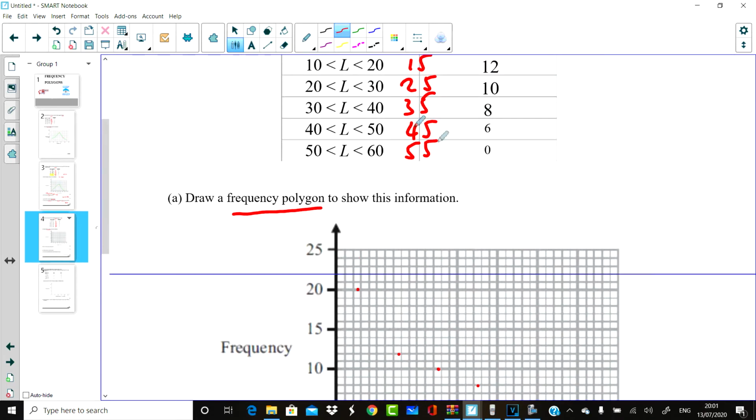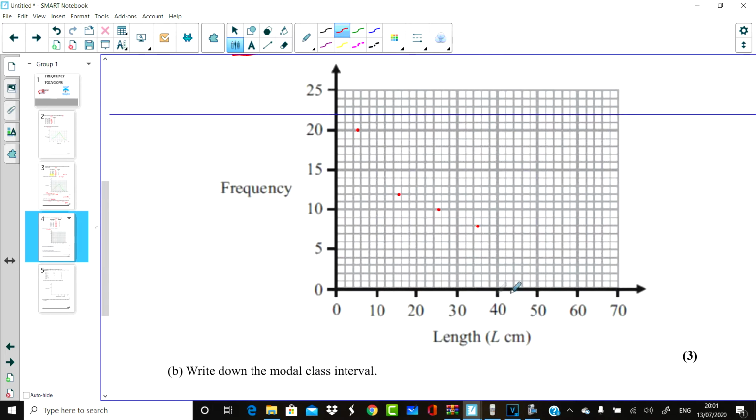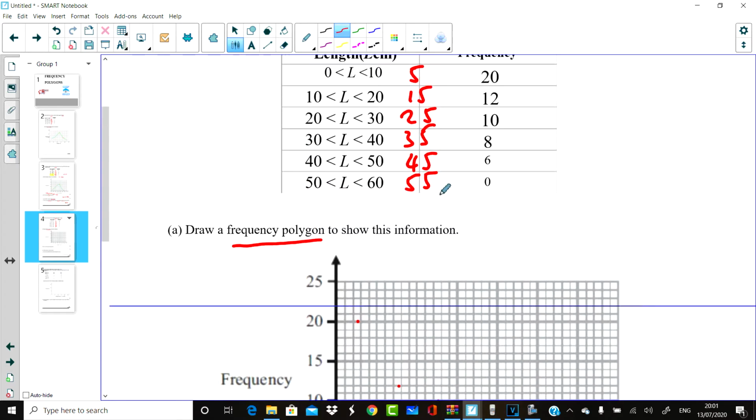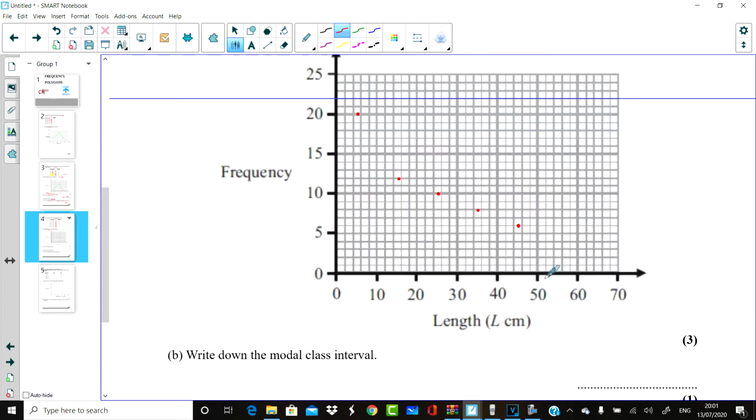Then the second last one is 45 against 6, so we have 45 here and then 6, so 5 is over here, so 1 above is just 6, and then we have 55 against 0, so that one's pretty simple. 55 against 0, that's there.